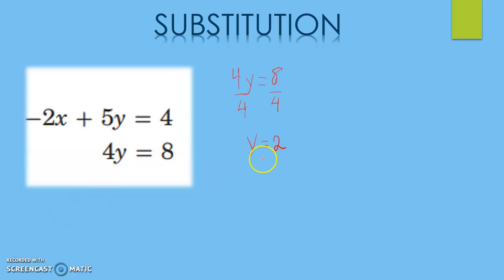Once we know what y is, we will go to the other equation and replace y with what we've discovered, y is equal to 2. So I'm rewriting the first equation and replacing y with 2. Now we have one equation with one variable, and we can solve for x.